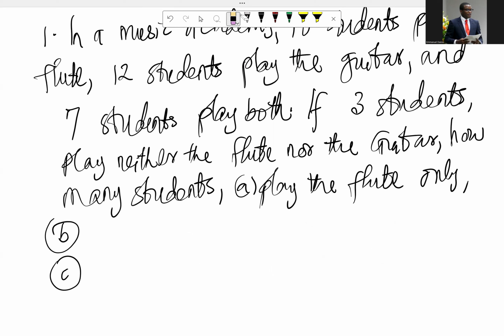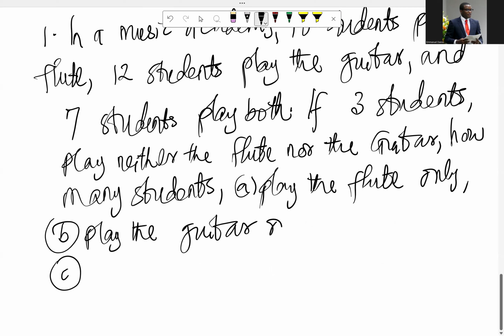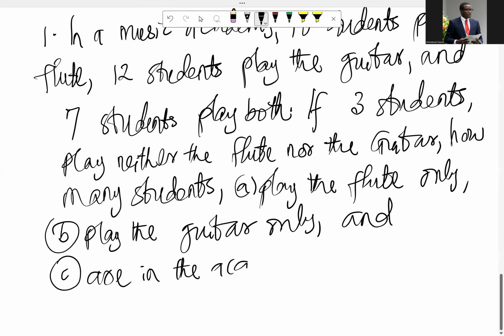So now, A, how many students play the flute only? Then B, play the guitar only. And C, how many students are in the academy? Yeah, this is a better way to put it. So these are the questions we have.